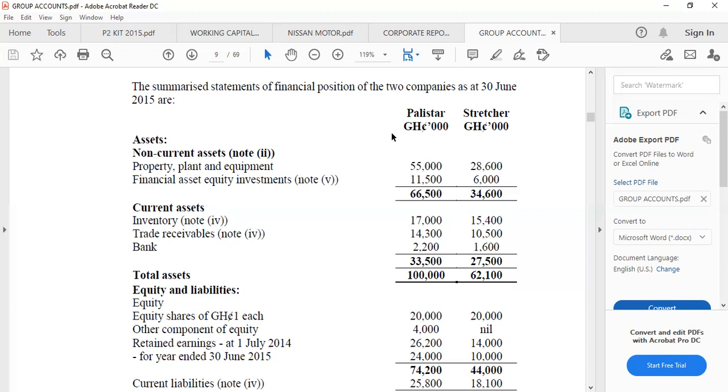What is the value of the old people's shares in the parent? It's 20 million, isn't it?